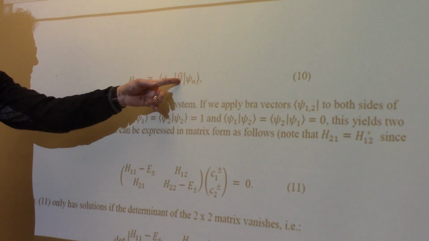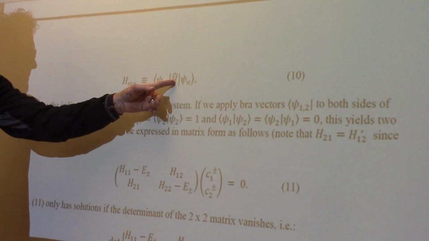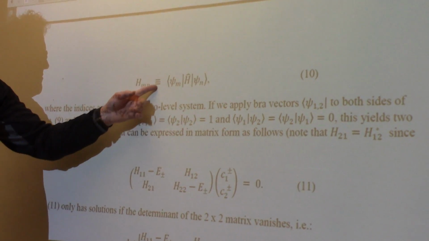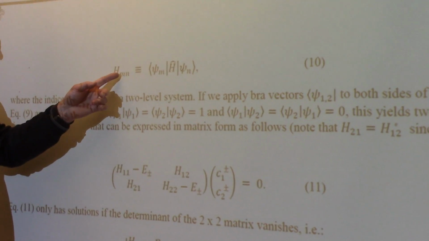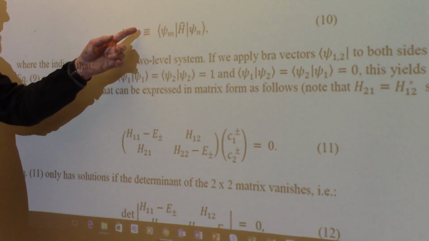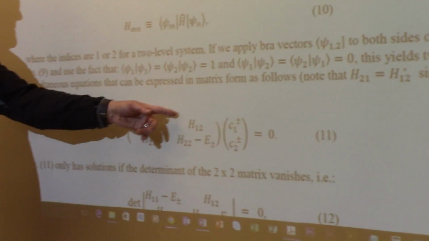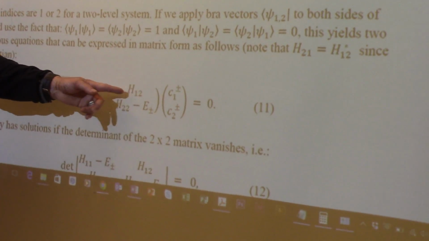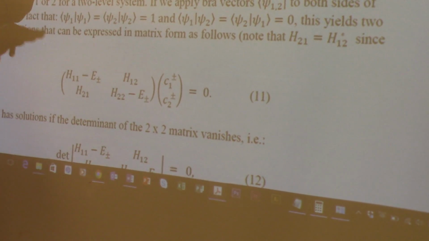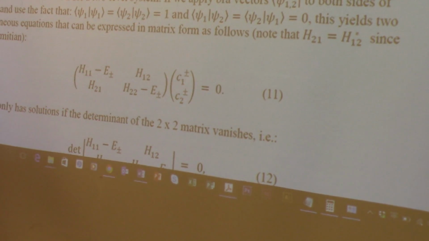Now, when I put in this extra piece, H naught plus H prime, and plug it in here, this will actually have non-vanishing off-diagonal elements. So even the off-diagonal elements here will not be zero. By the way, this doesn't have to be in the limit where these are necessarily small compared to the others, as long as I can justify taking that two-level approximation.